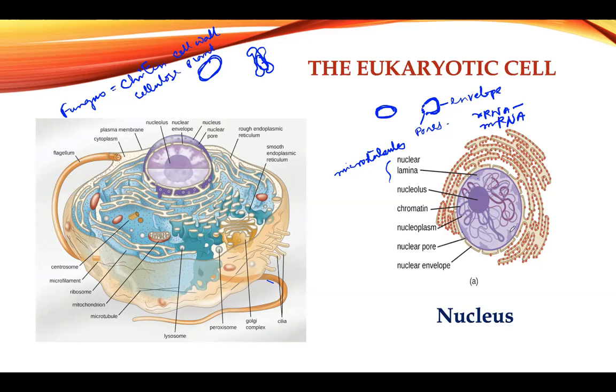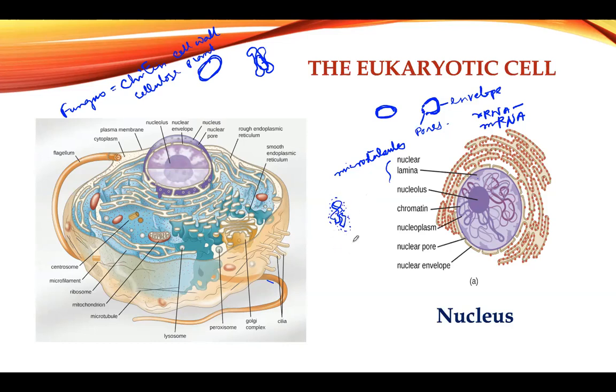Now the chromosomes, before cell division, or almost all the time, remain associated with protein. When the cell is resting, when it is not dividing, all these chromosomes remain associated with protein, and in this situation we cannot count the chromosome number, and we cannot see or understand the shape of the DNA.